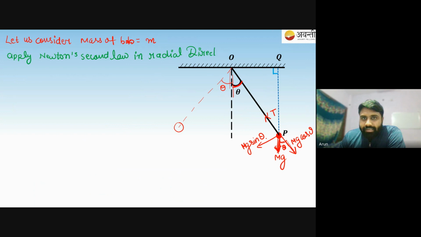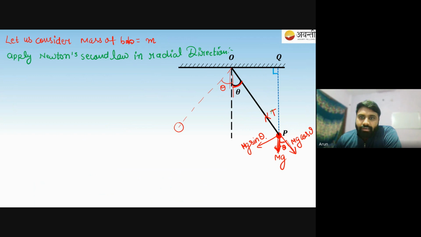Whenever you are solving some question from circular motion or angular oscillatory motion, always remember that you have to apply Newton's second law in the radial direction and in the tangential direction. These are the two directions available for you. First is the tangential direction, and second is the radial direction. So we are going to apply Newton's law of motion in these directions.